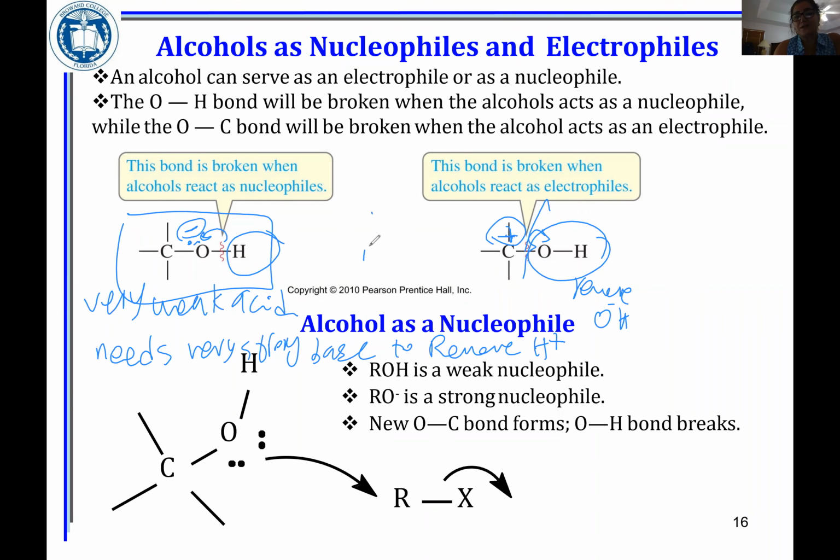H plus, is it an electrophile or a nucleophile? It's an electrophile because it is positively charged and looking for negative charge, which is found on the electrons. But in this case, when you have CO minus, it already has a negative charge, so it is looking for a positive center, looking for a nucleus, because the nucleus of the atom is positively charged.